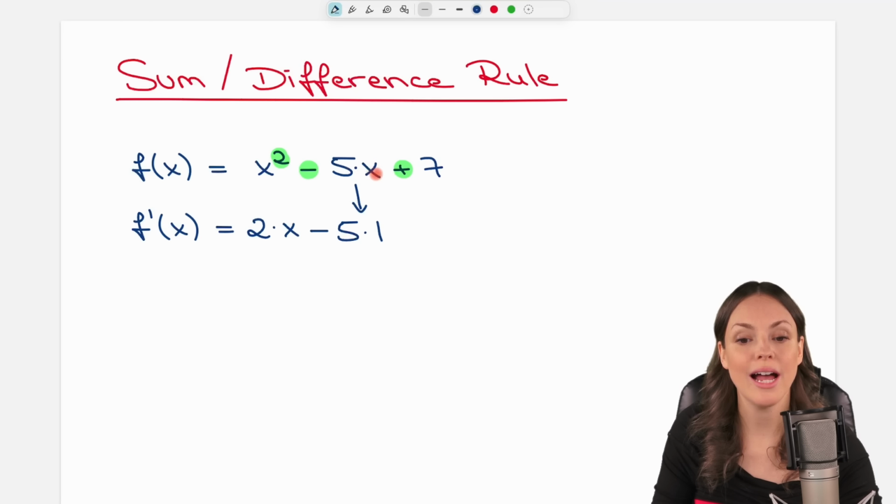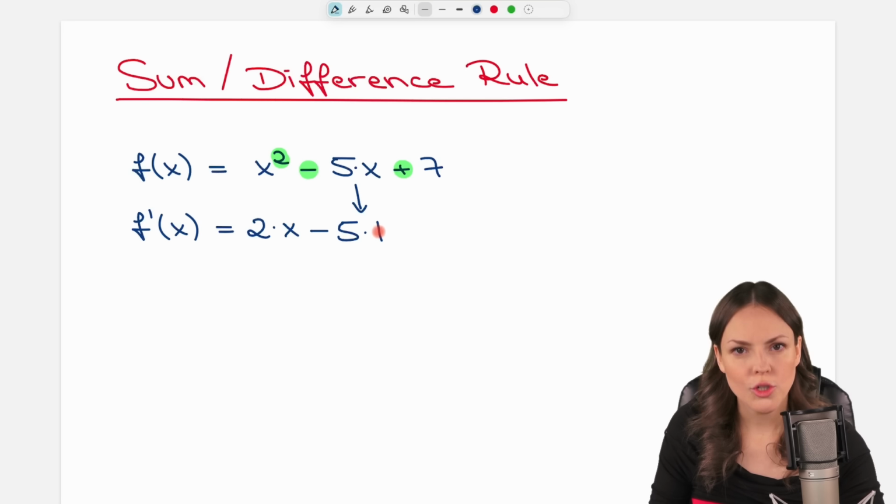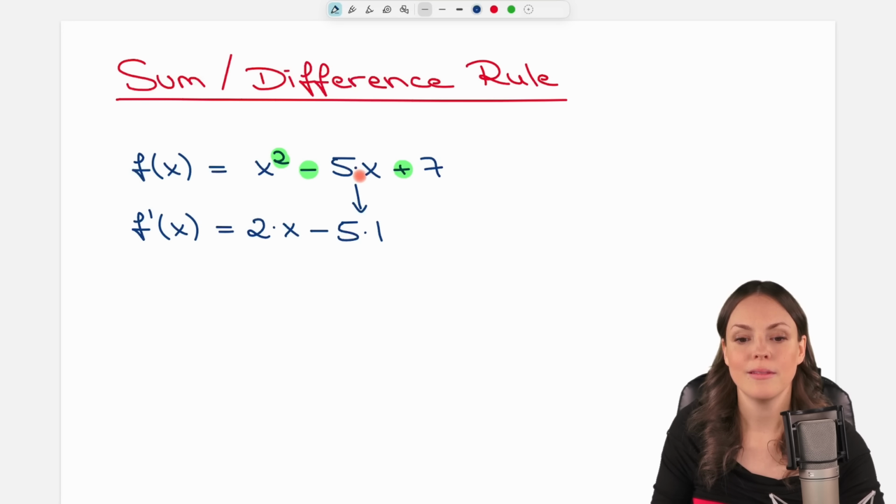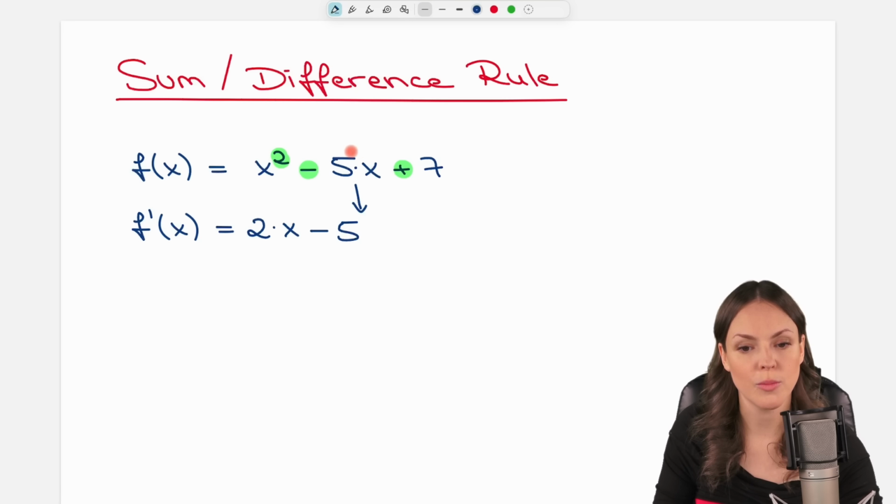So every time you have an x in your function, so not x to the power of 8 or something, just an x, your derivative is going to be 1. So what you can save in your memory is that if you have 5x, so just a simple x in here with nothing fancy around it, then the rule is that this x will vanish because the derivative of it is 1, and the only thing that stays is the number in front of your x, so the 5. So 5 times 1 is just equal to 5, so this is the derivative of this part.